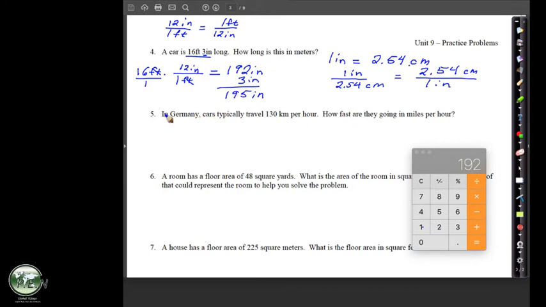I'm going to cross out this problem for now. We'll come back just to have more room. So if we've got 195 inches over 1, what do we want to divide out? Which unit do we want to get rid of?